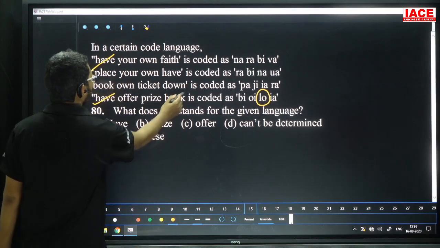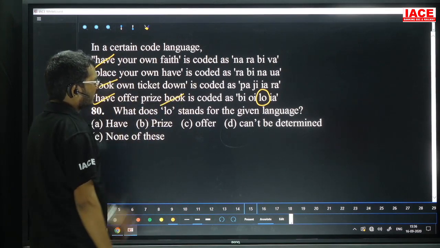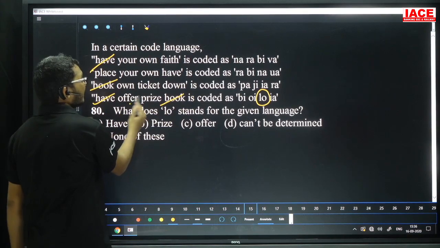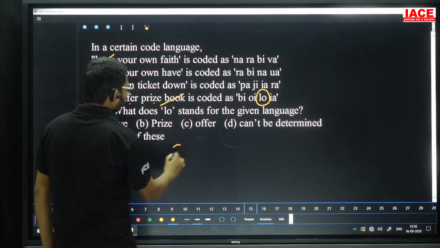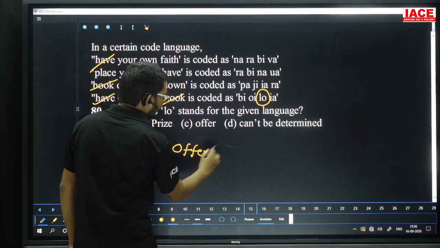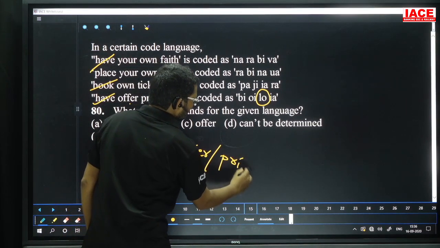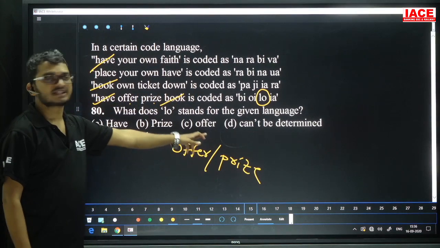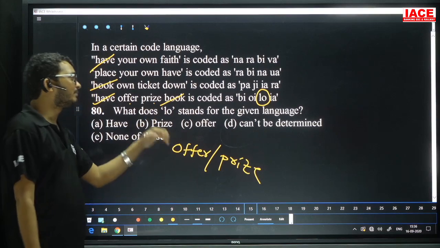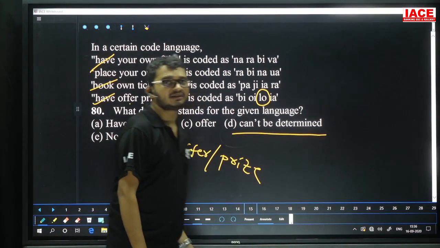Next one, book, also eliminate. So what is the code for LO? Offer or price. Were they given separately? No. Price separate, offer separate, no chance. Either offer or price. So the answer is what? Cannot be determined.